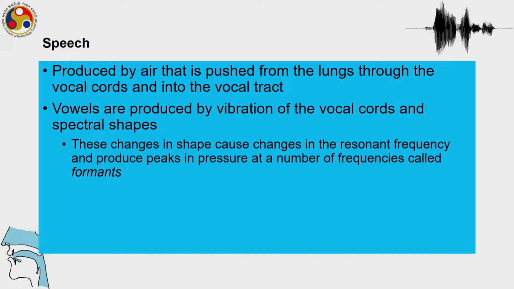Speech is the result of air that is pushed from the lungs through the vocal cords and into the vocal tract. Vowels are produced by vibration of the vocal cords and the spectral shape given to it by the vocal tract. These spectral shape changes cause changes in the resonant frequencies and produce peaks in energy and pressure at a number of different frequencies, and these are called formants.